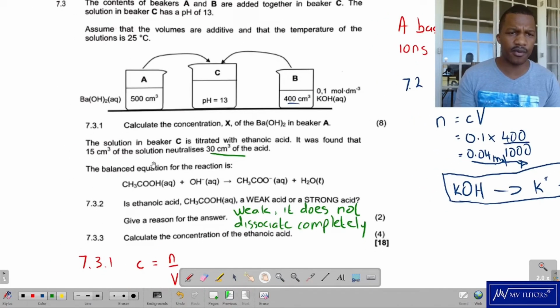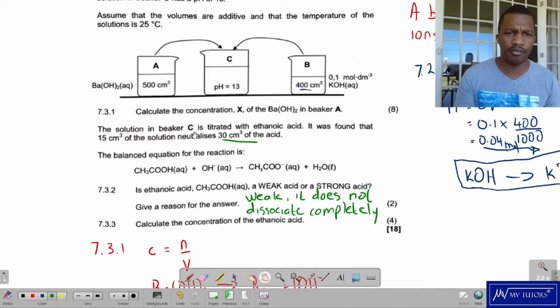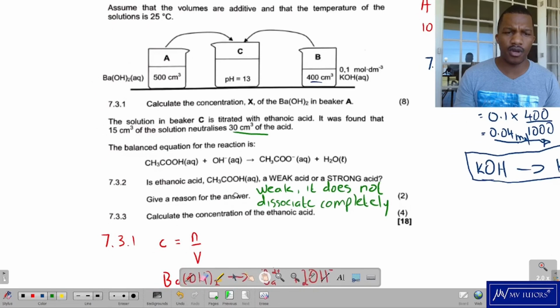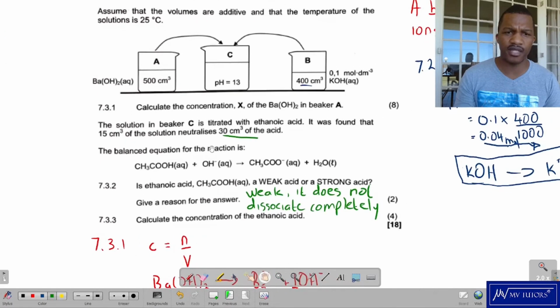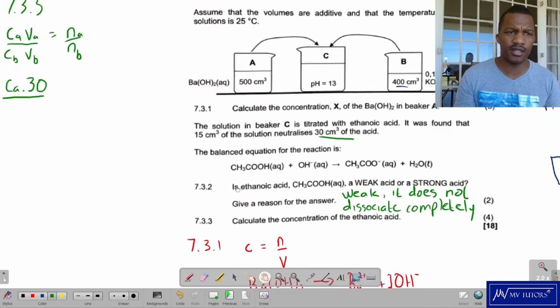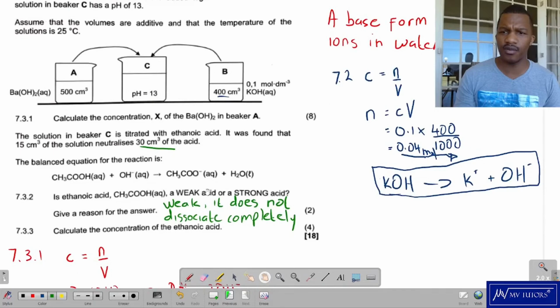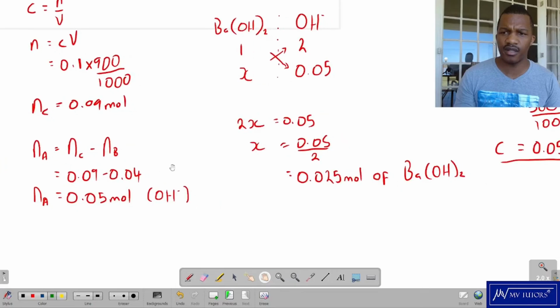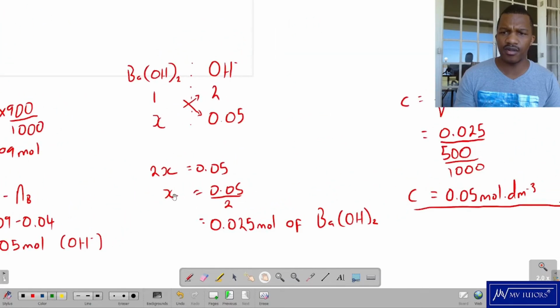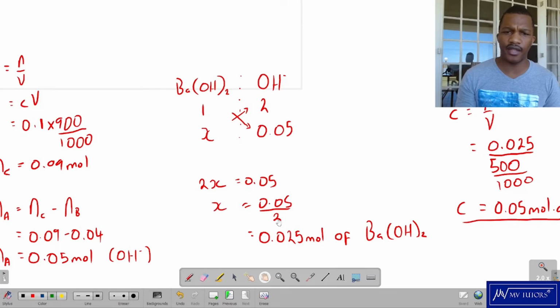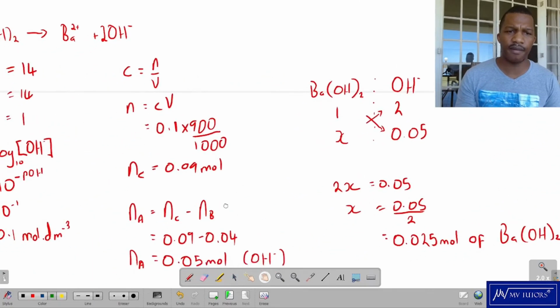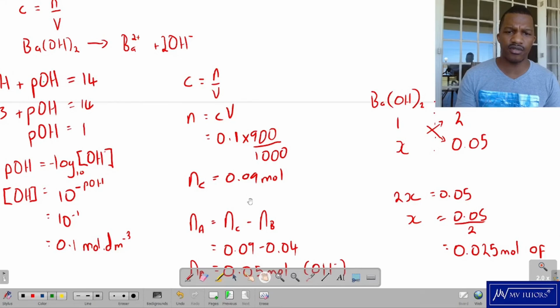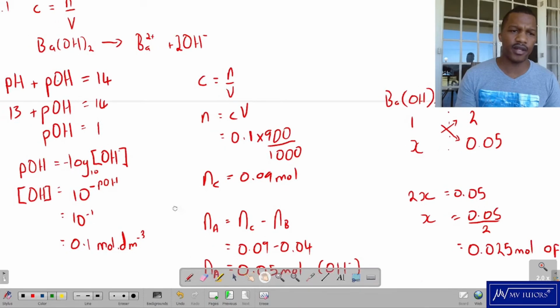Which beaker are we talking about here? The solution in beaker C is titrated with, so we're in beaker C. So the concentration of the base in beaker C is what we just solved now. Where is it? No, that's beaker A. I want beaker C. There it is. Was it 0.09? No, it was 0.1 there.